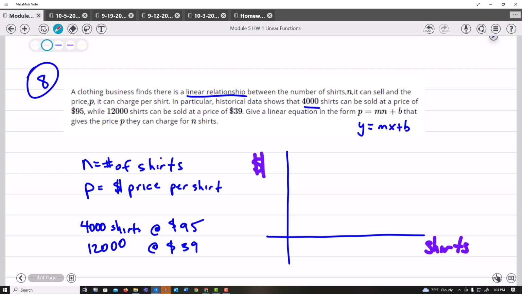If I'm at 4,000 shirts, then I'm at $95. That's just a point, 4,000, 95. I can do the same thing here. If I'm at 12,000, then I'm at, not drawn to scale, that point.